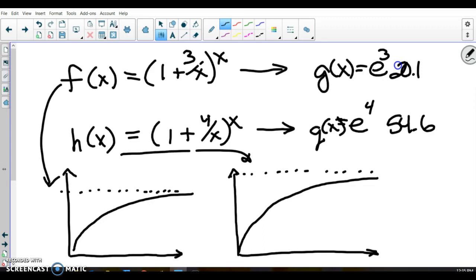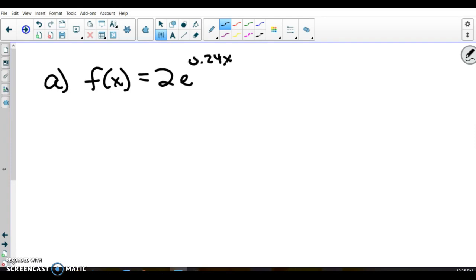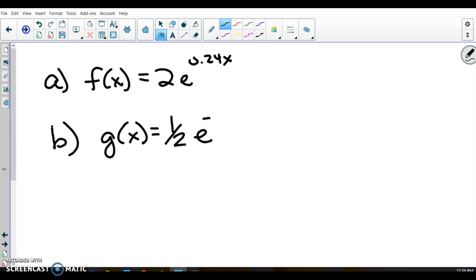What they've done in example 7, two of them, part A, f of x is 2 times e to the power 0.24x, and then they want to compare and contrast that to the function g of x, which is 1/2 e to the negative 0.58x.